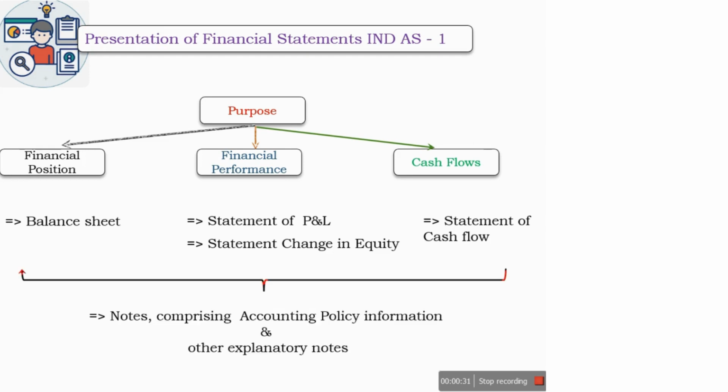Apart from it, we need to present the notes that should comprise the accounting policies, other information, and explanatory notes in respect of the financial statements presented, and it should have the comparative information also for the period we are going to present financial statements.